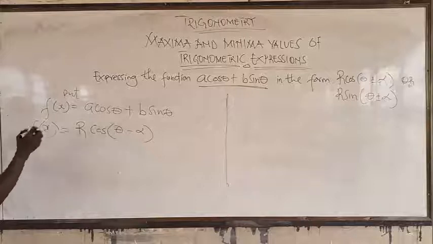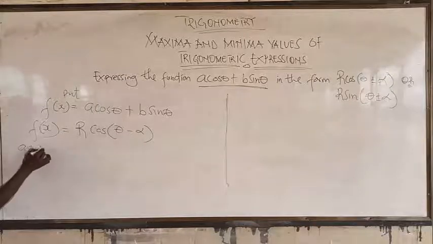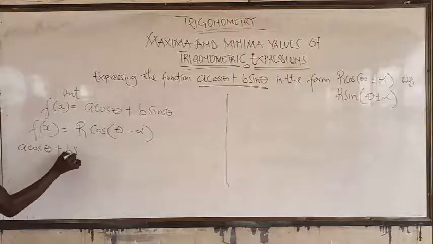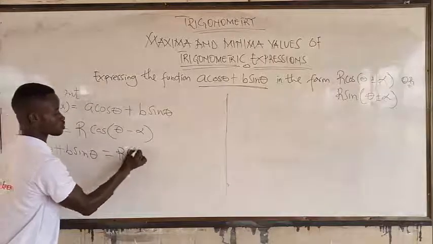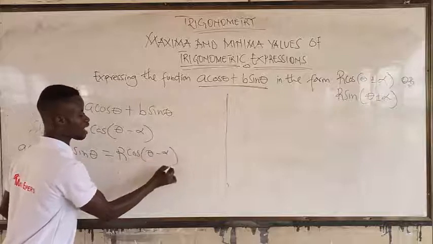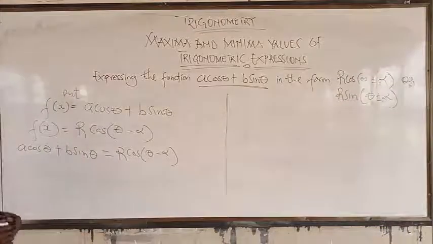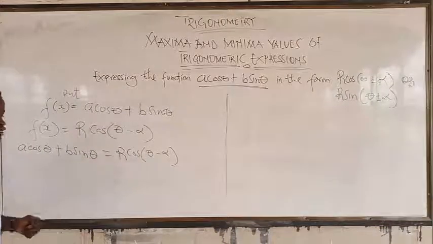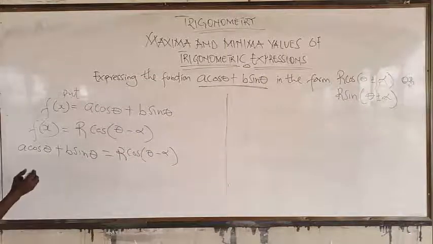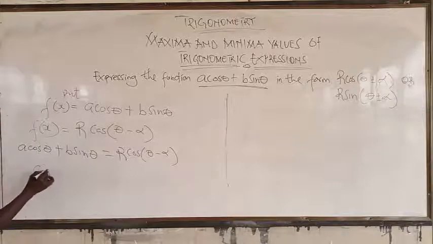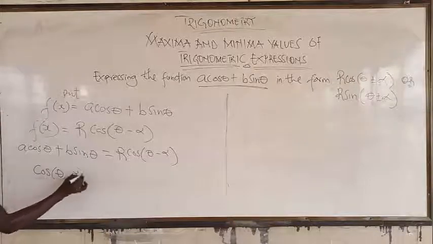So we end up by getting a cos theta plus b sin theta to be equal to r cos theta minus alpha.